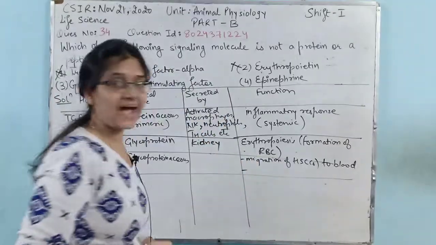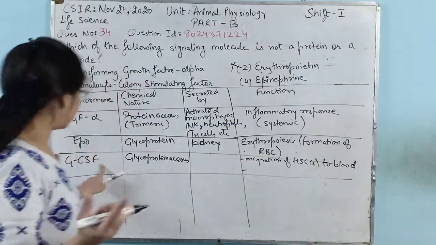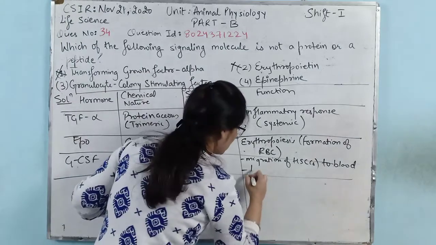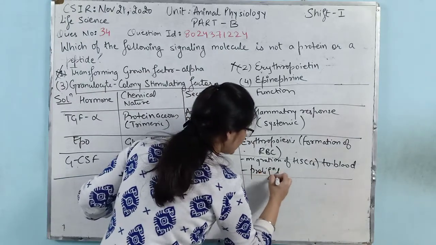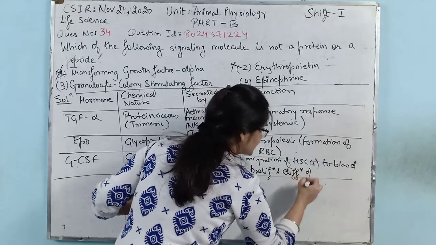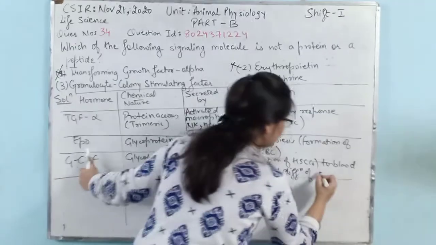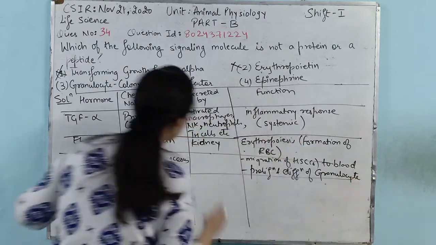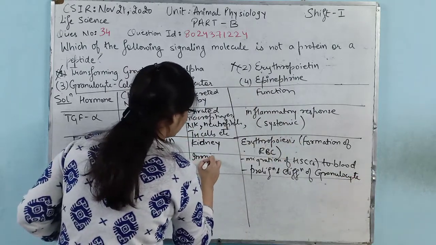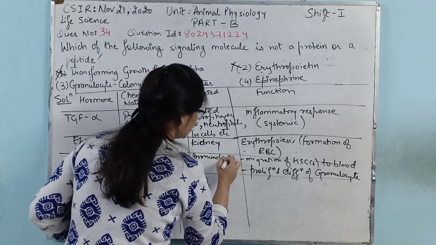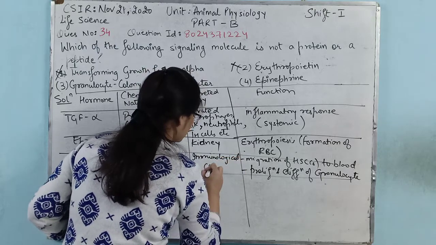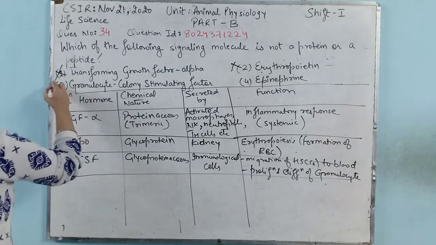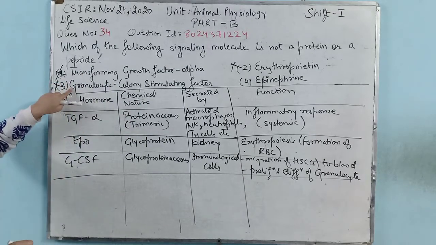And other than that, this hormone GCSF also allows proliferation and differentiation of granulocyte, and these are also secreted by your immunological cells, right? So this also eliminates this option as well, right?